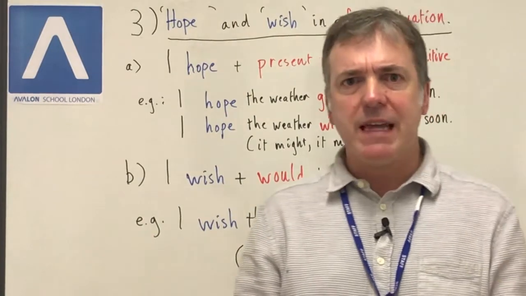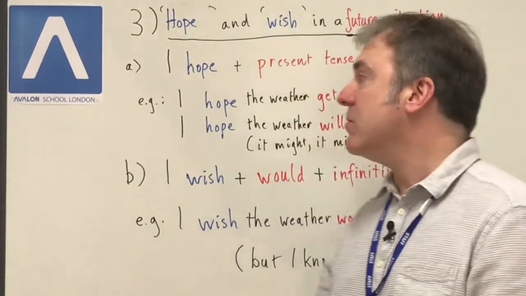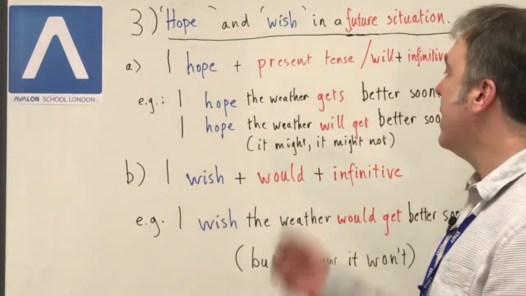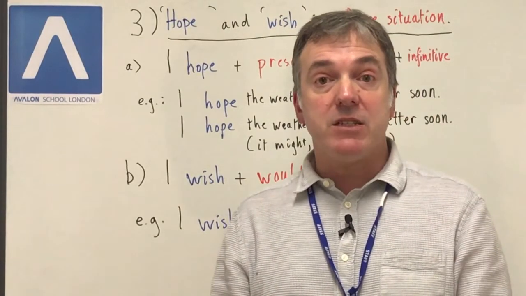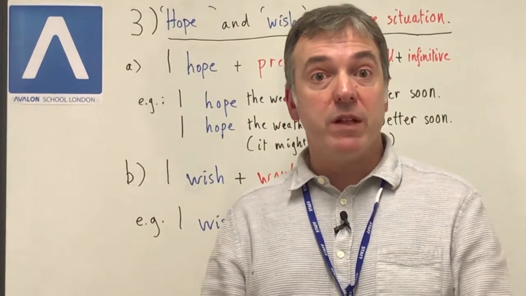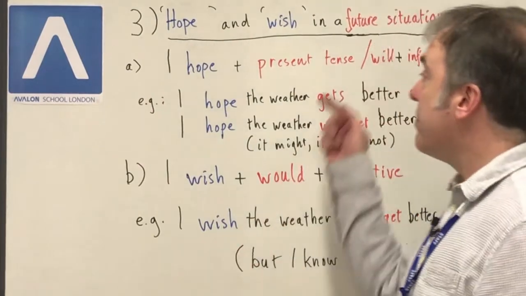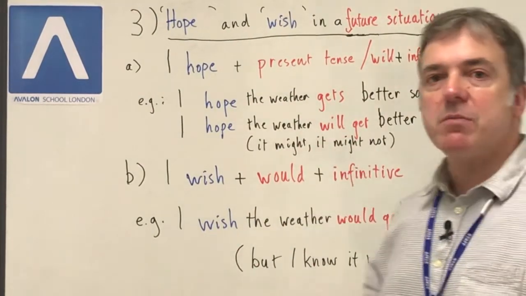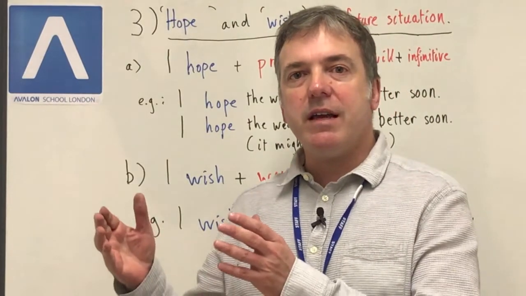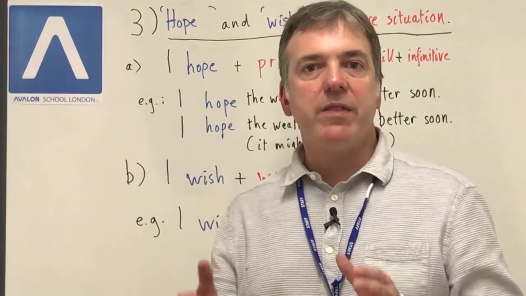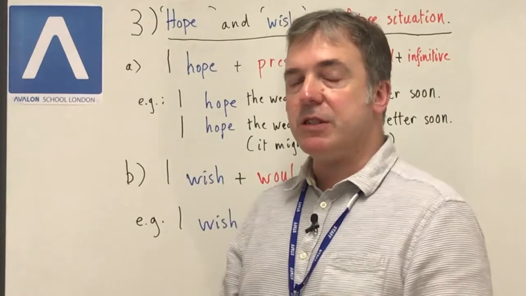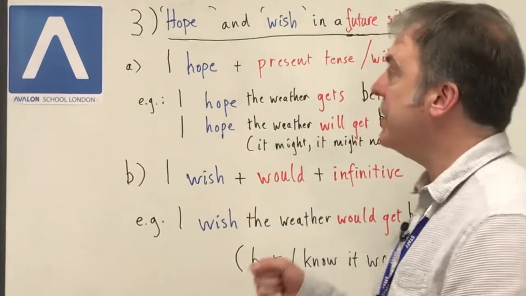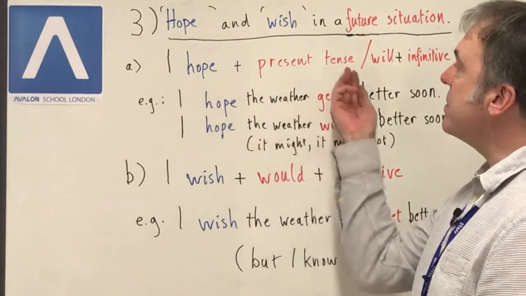I hope the weather gets better soon. Okay, or another form, I hope the weather will get better soon. Now, both of those sentences we're using hope, and it's a possibility. In other words, it's a possibility that the weather will get better in the future. And there are two structures that we can use. We can use hope plus the present tense.